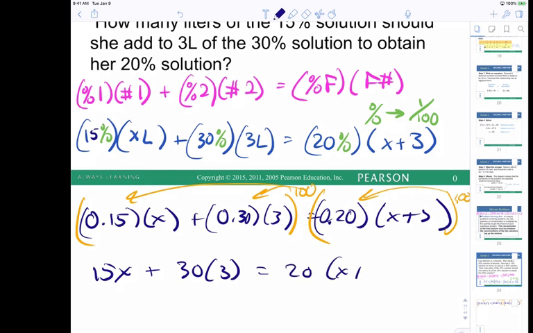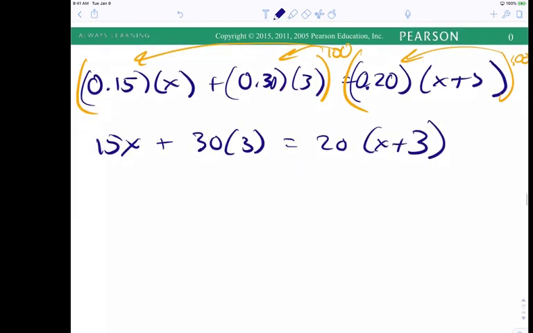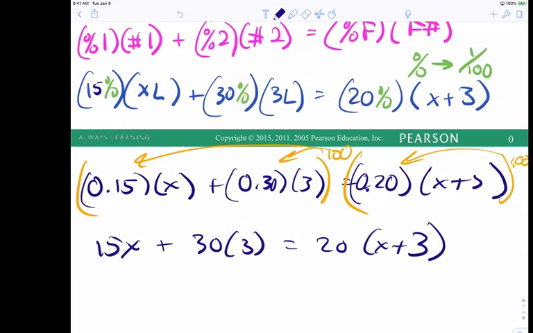Now we have one equation, one unknown we can solve. And no decimals. Essentially, with these, you could just drop the percent symbol. But what I showed you was the proper way to go about it.